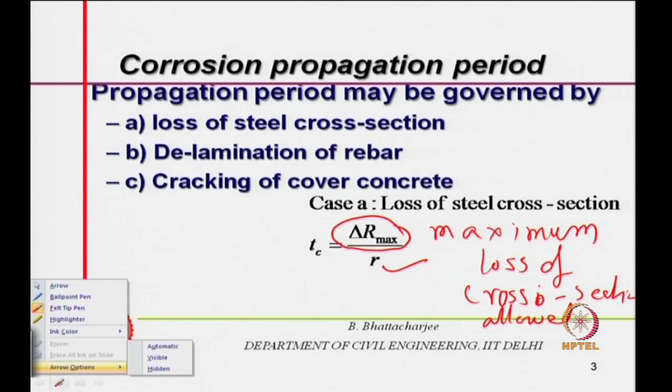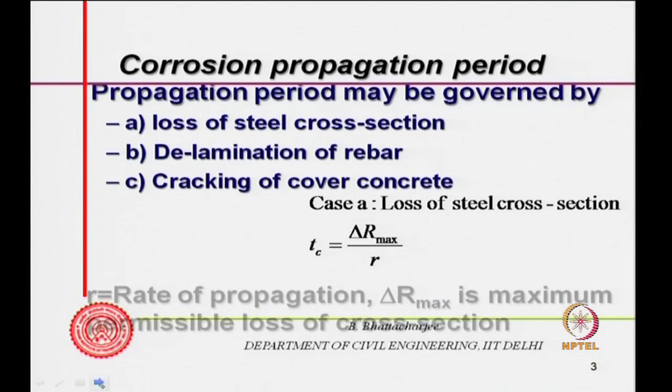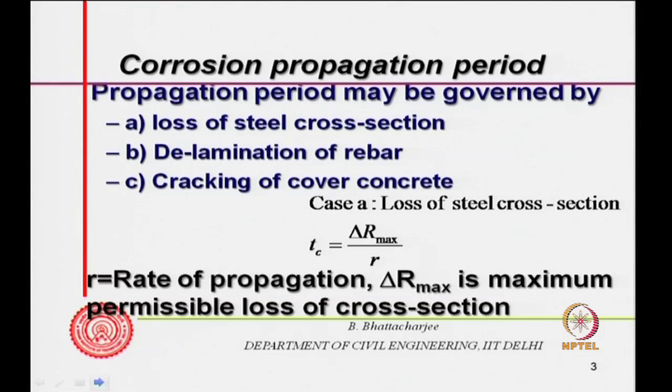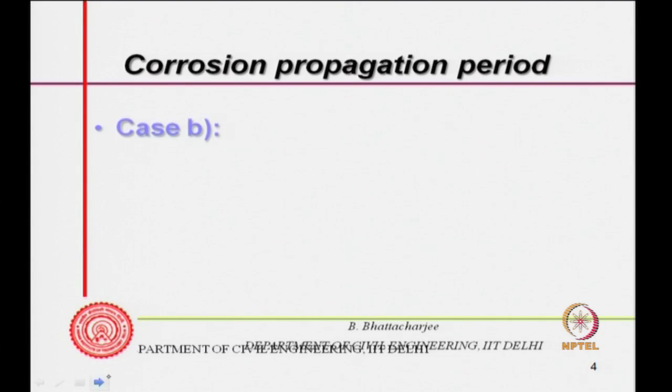So, the rate of propagation, dr, and the maximum permissible loss of cross section are related. If I know the rate in some manner and the maximum loss, then it is possible, but the rate must be expressed in terms of depth of penetration, using the formula with 3.27 which we looked into in the last class. All right, so this is one way.